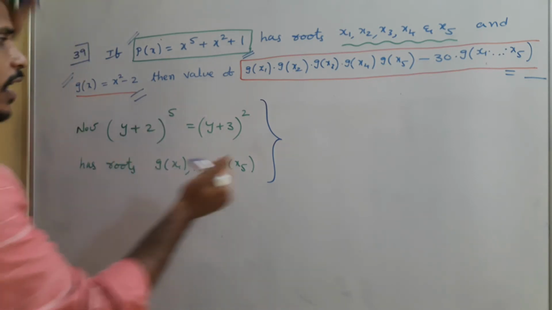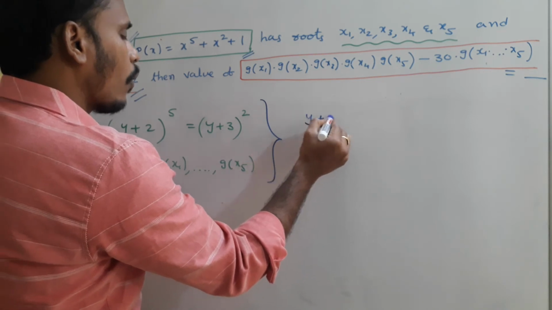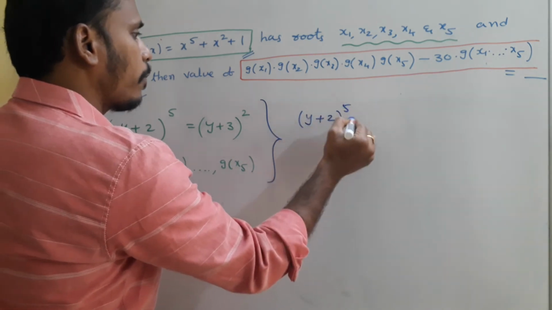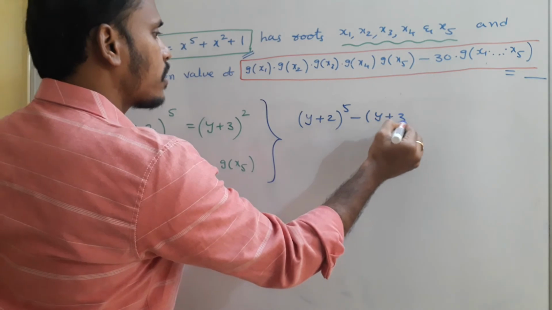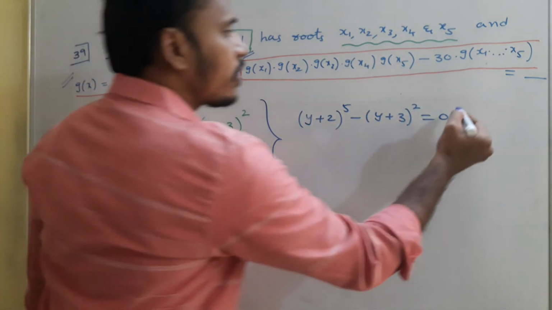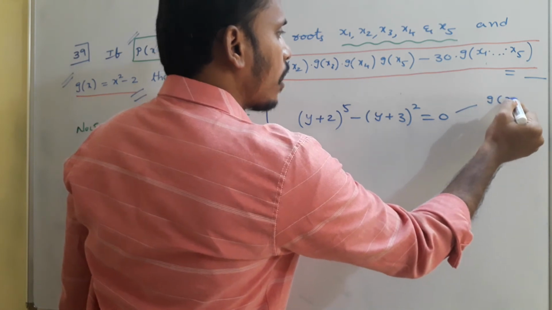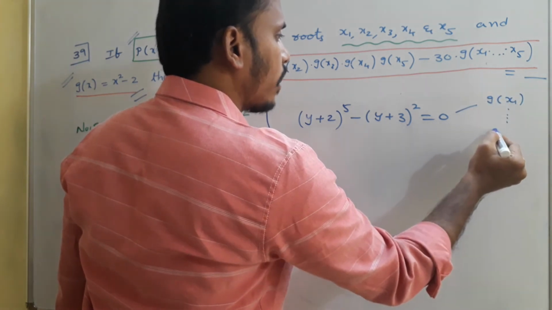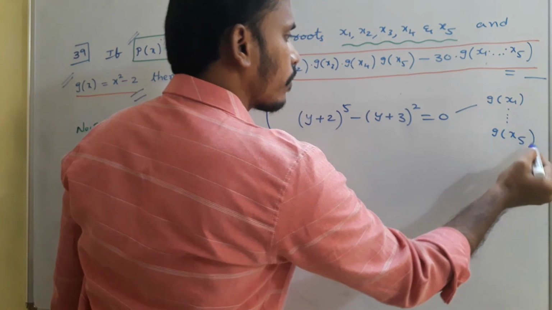So you just rearrange it: y plus 2 to the power 5 minus y plus 3 whole squared is equal to 0, and this equation has 5 roots, g of x1, g of x2, like that up to g of x5.